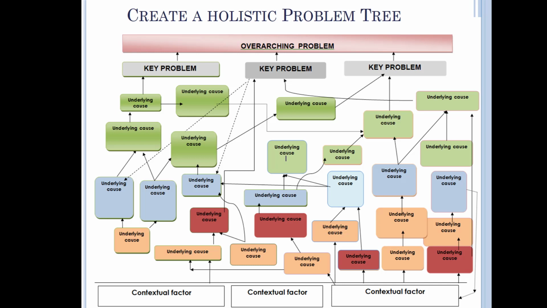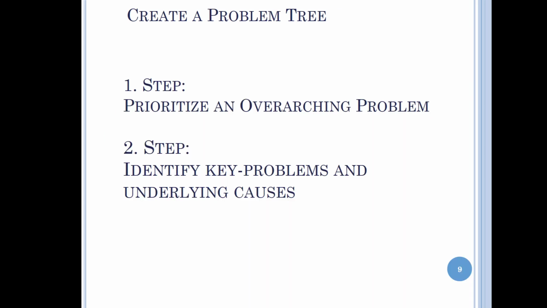Something of the kind, something complex, should be the aim of the exercise. We first prioritize an overarching problem, and then we identify the key problems and their underlying causes. It is a top-down approach, as I said to you before.